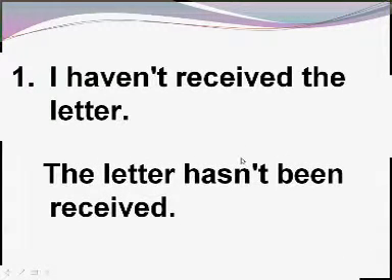Because we have a present perfect tense, we usually choose between has or have plus been plus past participle. Because the word letter is singular, we take has with it. Then we add been and the past participle. So the letter hasn't been received.